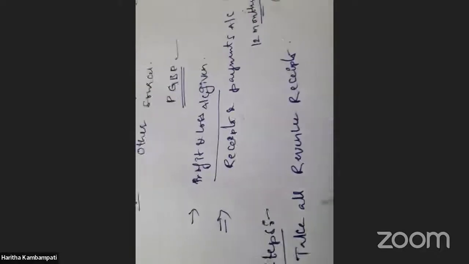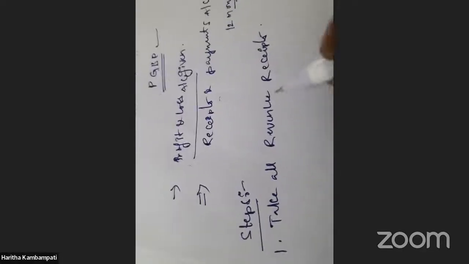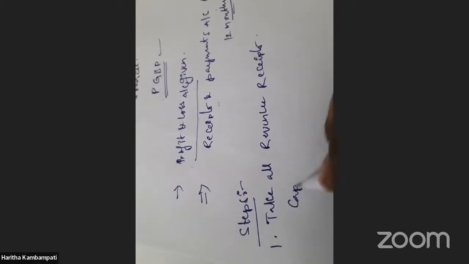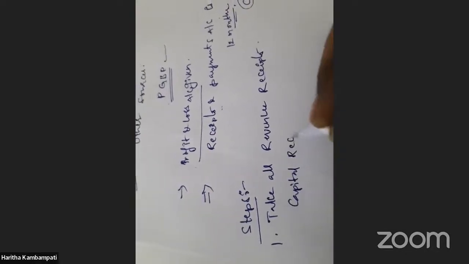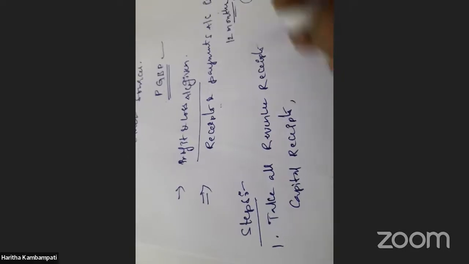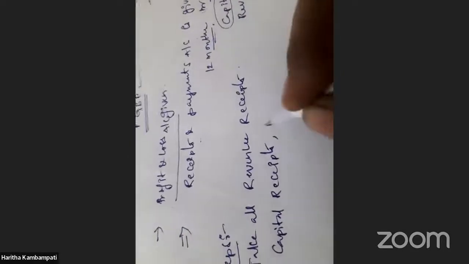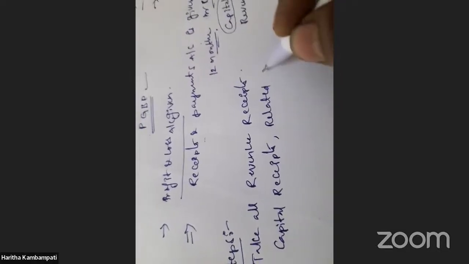So, only revenue receipts; we can ignore capital receipts and incomes which are related to other heads.